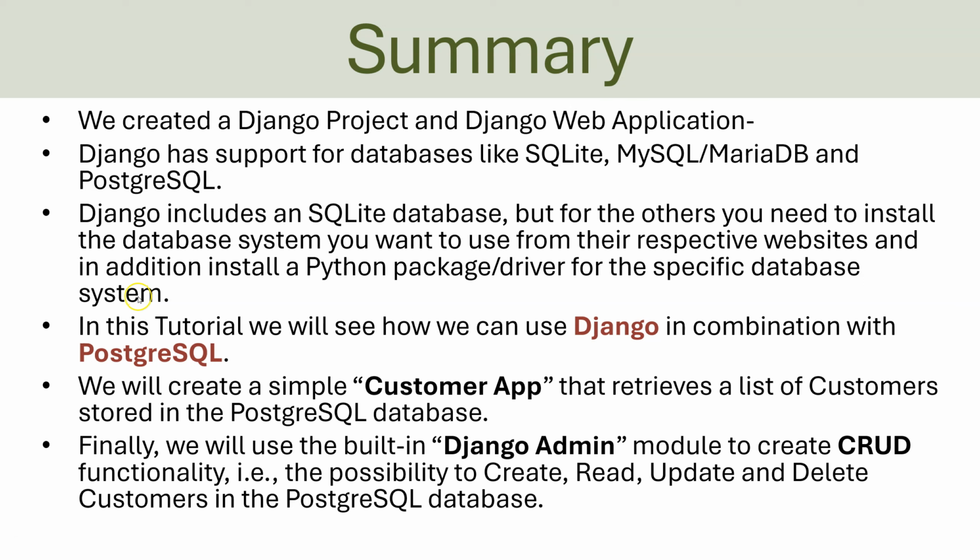In this tutorial, we used PostgreSQL, and we created a simple customer application that was able to retrieve data from our PostgreSQL database. And we also used this built-in functionality called Django Admin to provide CRUD functionality, meaning we could create, read, update and delete customers and store them in this PostgreSQL database.